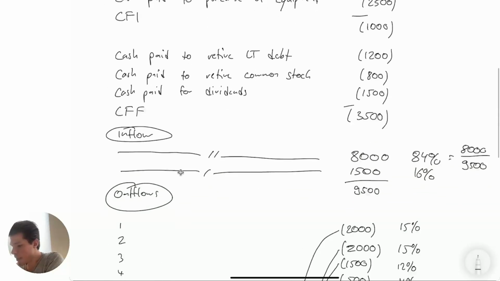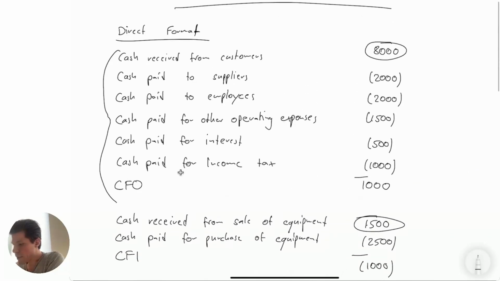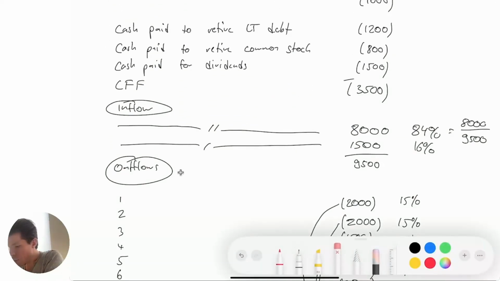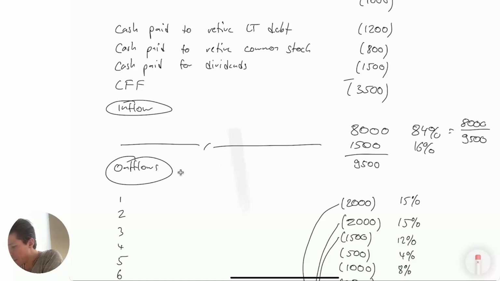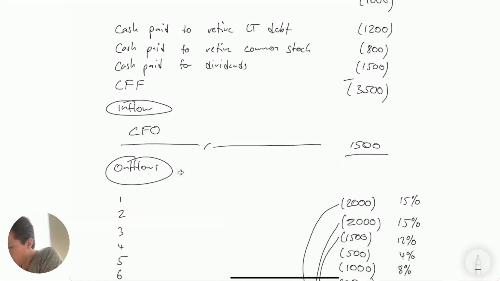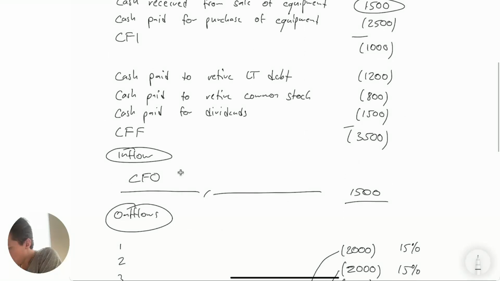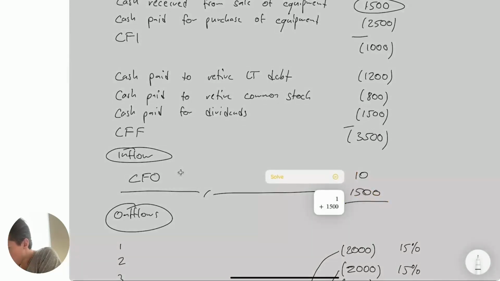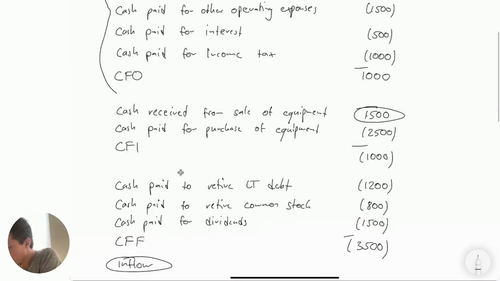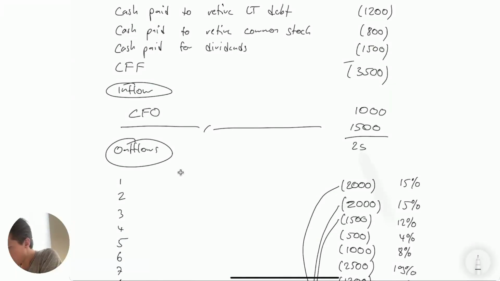You would not have this item here. You would directly use the CFO item, which is 1,000 here, 1,000 here, CFO, 2,500, and then you would do the same.